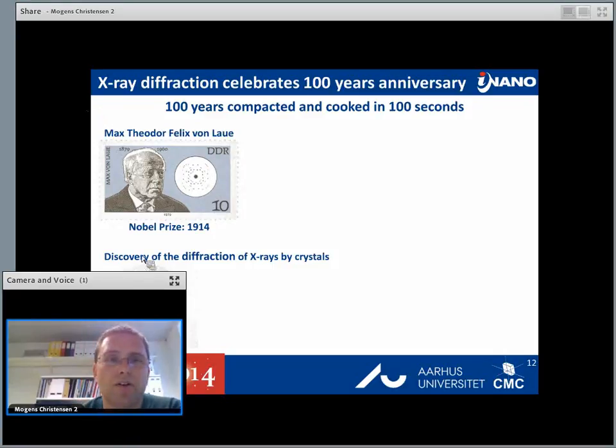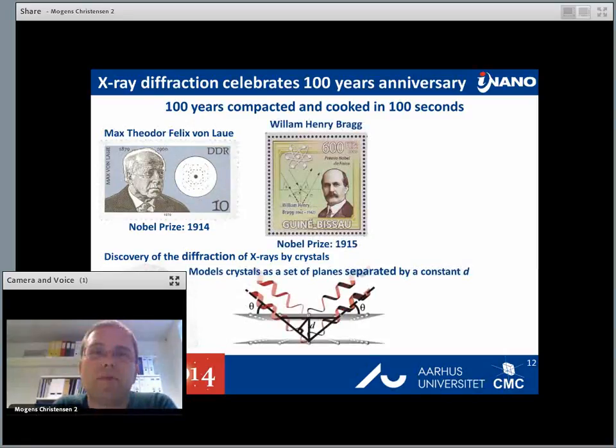They're not that convincing, but this is actually the first powder diffraction pattern ever collected. Things went quite fast from here. Lawrence and William Henry Bragg saw the results by von Laue and realized that his theory was not completely right. So they quickly made new experiments, and they were able to deduce Bragg's law. And they received the Nobel Prize just 1 year after von Laue.